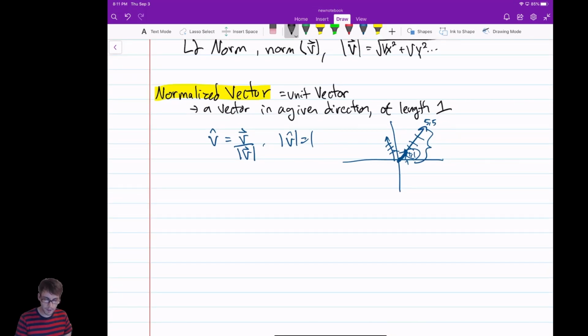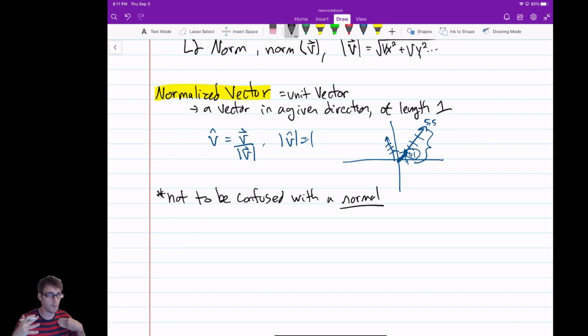This is not to be confused with what we call a normal to a surface, and we'll learn about those a little later. The normalized vector is scaled to length 1. A normal to a surface is something completely different, and we'll learn about that when we do 3D stuff.